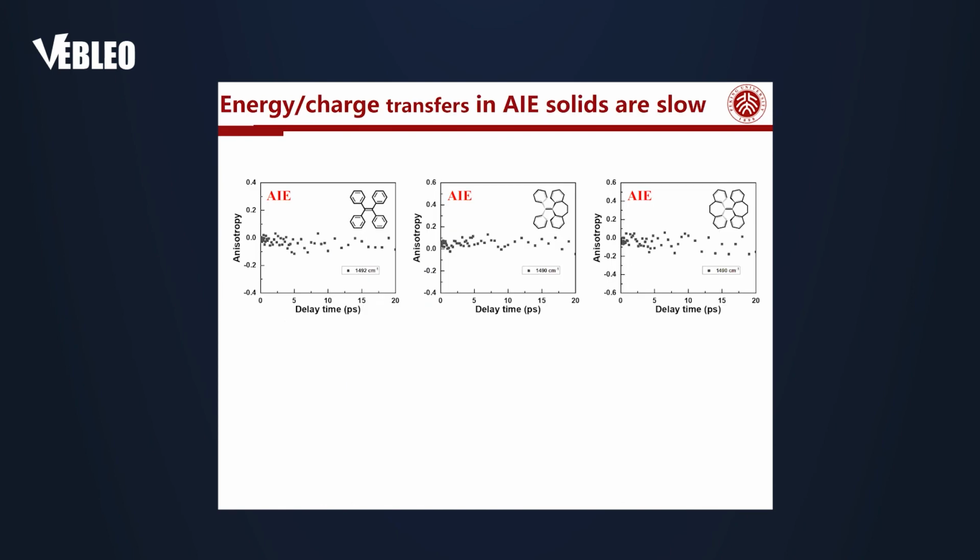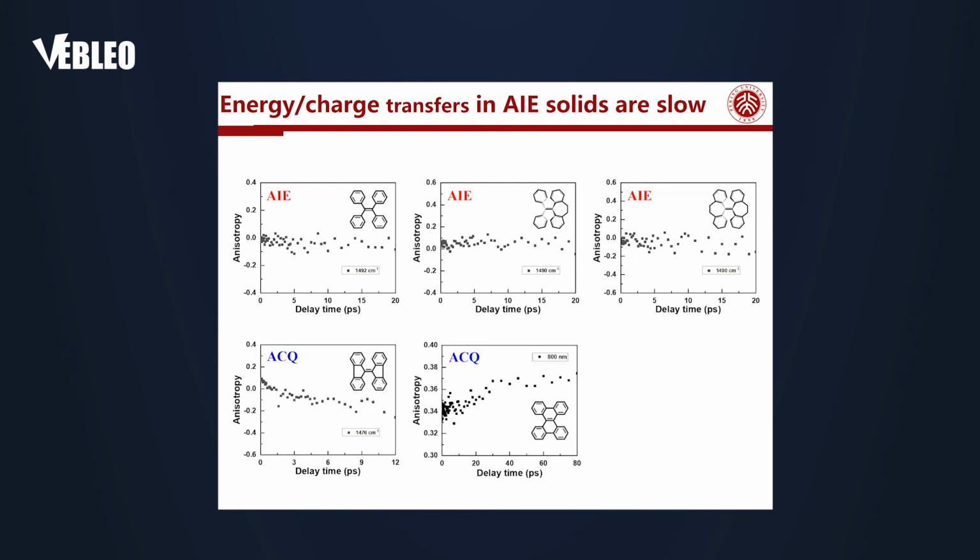So let's look at the result. For AIE molecules, within 20 picoseconds, we don't see any anisotropy value change. However, for ACQ molecules, we can see a very clear anisotropy value decay or growth within a few picoseconds or tens of picoseconds.